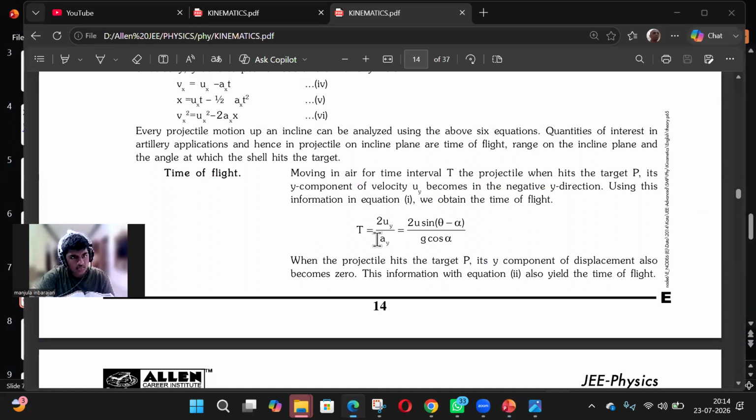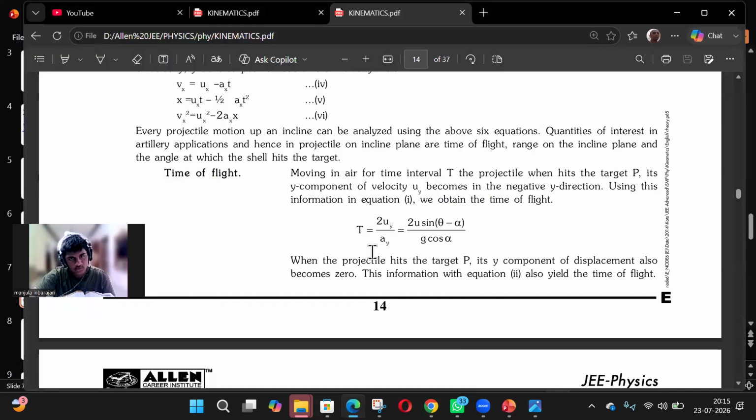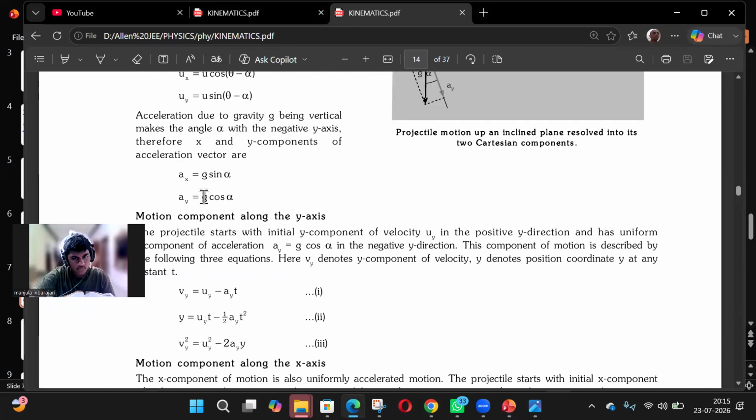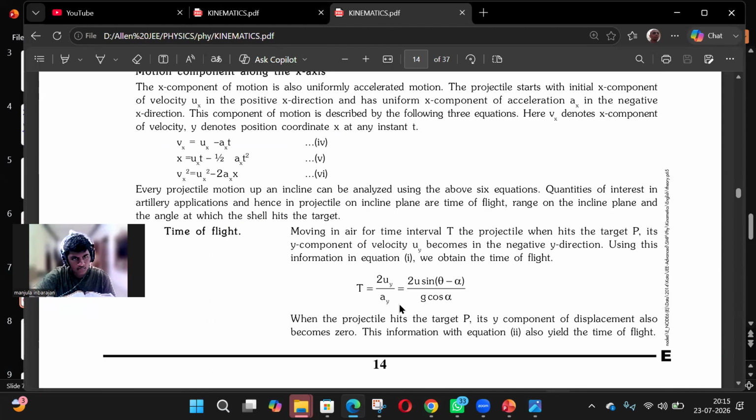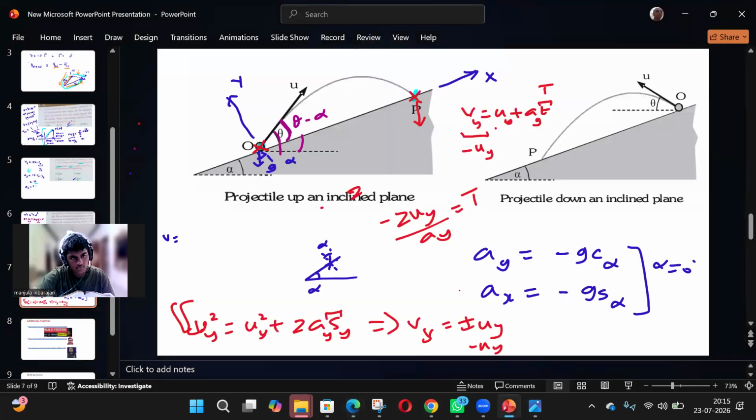There is a minus sign, but here he has taken the minus sign already in this. Since he has not included the minus in here, you'll get the same answer because ay is negative. According to me, uy is positive, but ay is a negative quantity. So the negative quantity will cancel this negative to give a positive time.